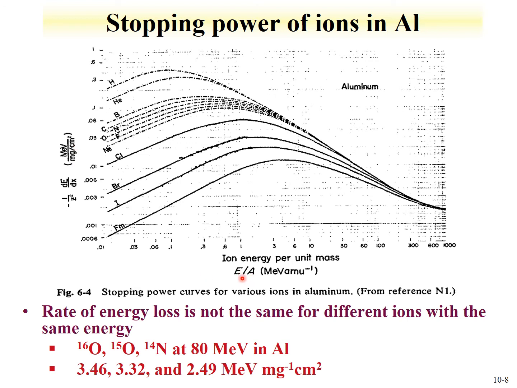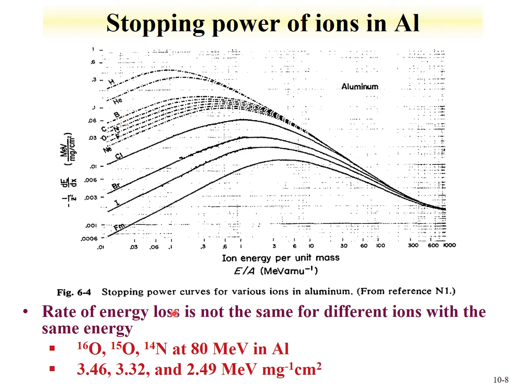Now the energy is MeV per AMU, and we do see some trends. At extremely high energies, on the order of hundreds of MeV per AMU, all the ions have very similar behavior. As the ions slow, the interactions begin to increase and the behavior starts to spread out.